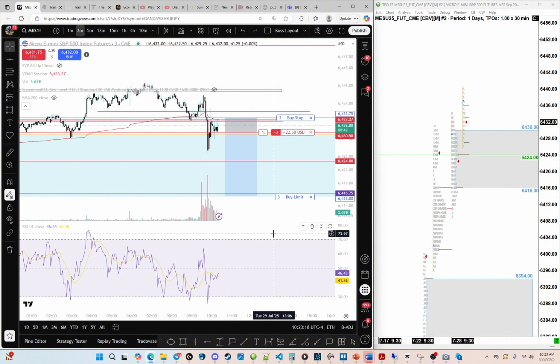Pushing up again. If we get a strong 15-minute closure, I might be interested in buys.